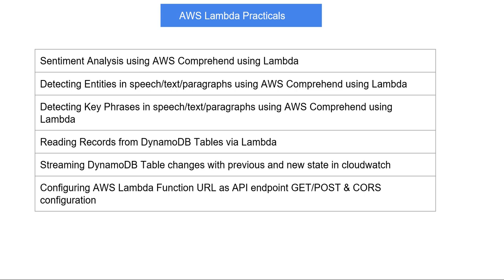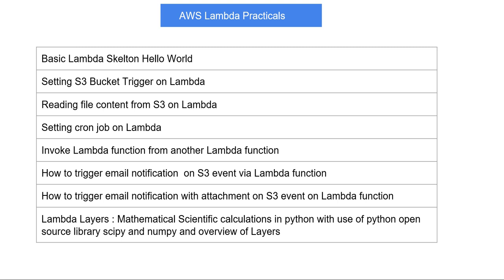It will accept request parameters also in GET or POST method. And if we are going to consume this API URL in different projects, then a cross-origin configuration is also needed, which we need to configure within the Lambda function console. That we will do.